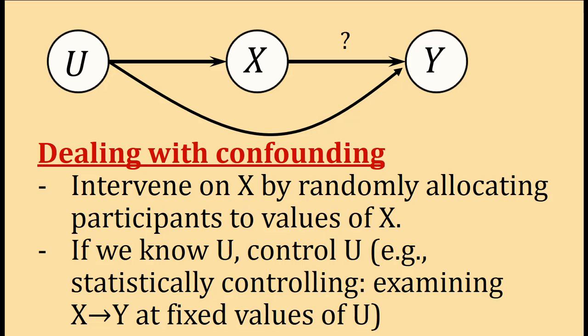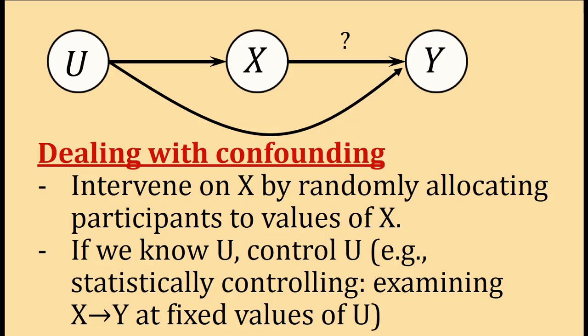And this way of dealing with this confounding works because the unknown variable may still have an effect on Y, but because I fix the values of X myself, then I disturb the connection between U and X, if that exists.